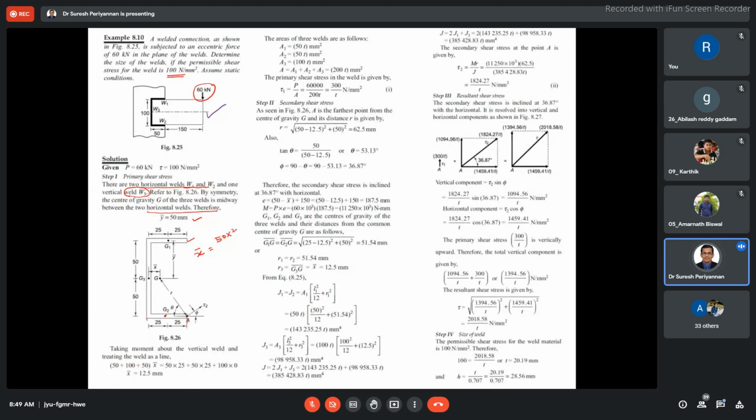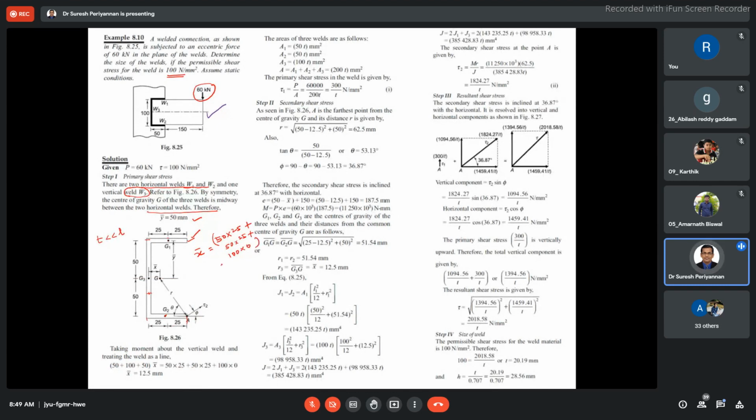So 50 into 50 by 2, which is 25, plus for this weld 50 into its center of gravity, 25. Plus this weld is 100 mm in length, but we do not know the weld thickness. Hence we assume that the weld thickness is less than the length of the weld, so I put 0.